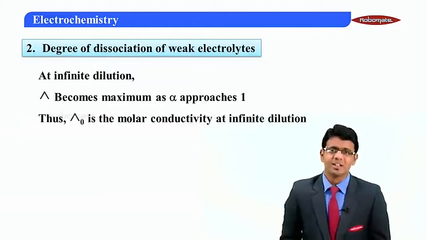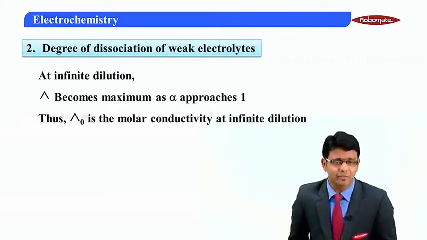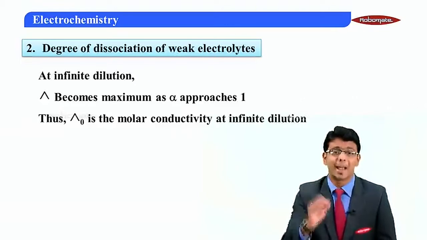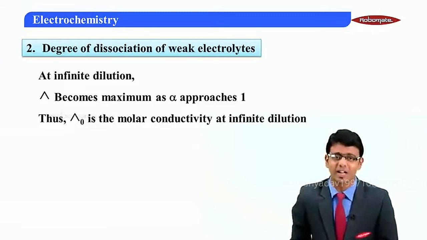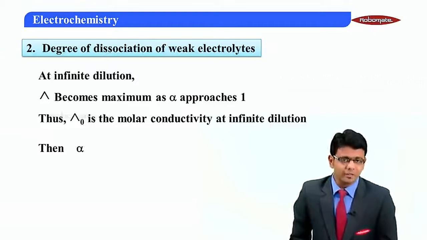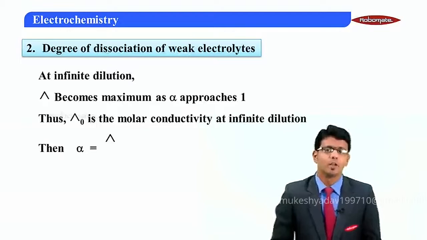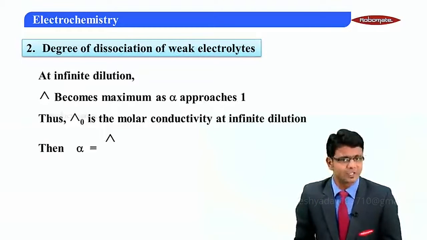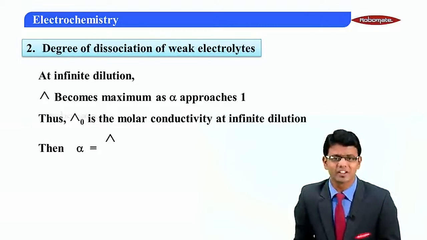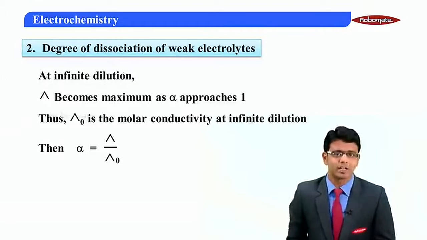Thus, lambda naught is the molar conductivity at infinite dilution, which is going to be the maximum value of molar conductivity for a given electrolyte. Then we can say that alpha is nothing but the ratio of molar conductivity of the given electrolyte at any particular concentration to the molar conductivity of that electrolyte at zero concentration.